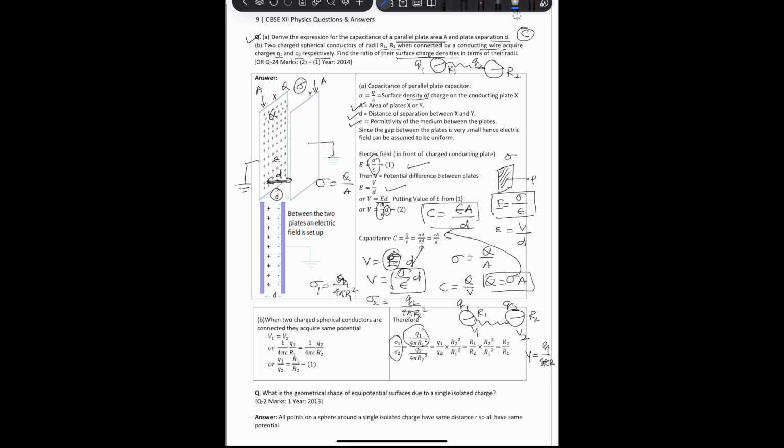Put the values of sigma 1, sigma 2 here. Now we have Q1 by Q2, but Q1 by Q2 is R1 by R2. So we put its value, and we find that sigma 1 by sigma 2 is equal to R2 by R1, correct? So higher is the radius, lower will be the surface charge density. It is inversely proportional to the radius. So sigma 1 by sigma 2 is R2 by R1.